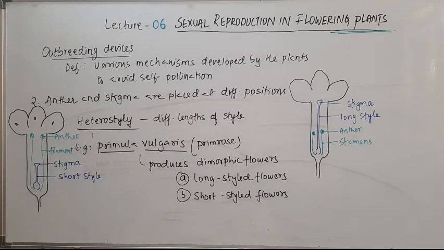In this case you can see that the anthers are placed well above the stigma. So in both these conditions, the difference in the length of the style puts the stigma at different heights, and this prevents self-pollination and favors cross-pollination. That's how we see the dimorphic flowers in Primula vulgaris.